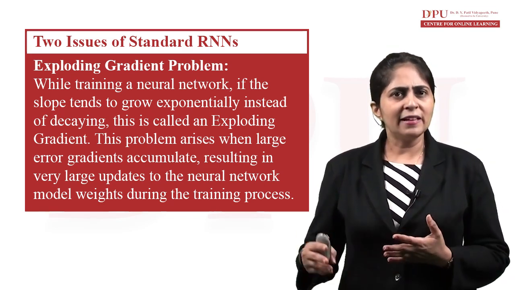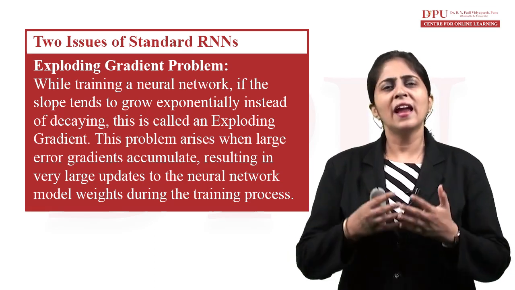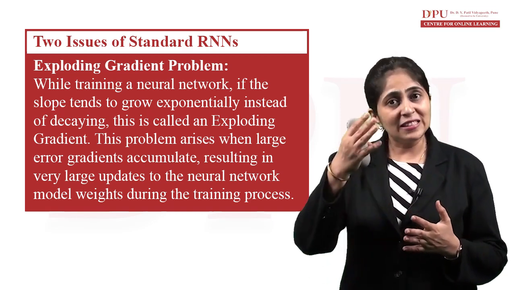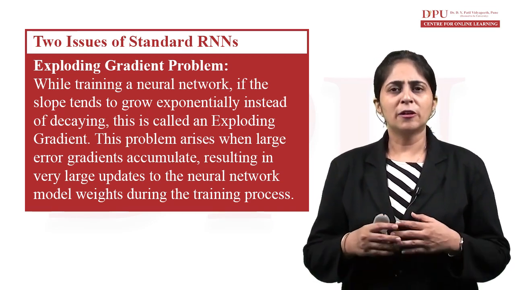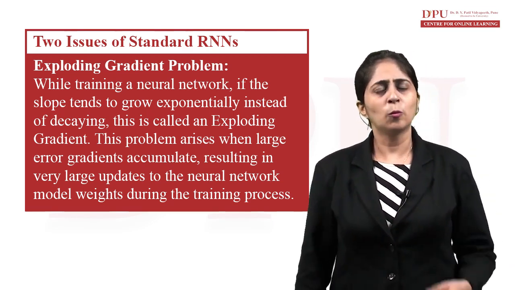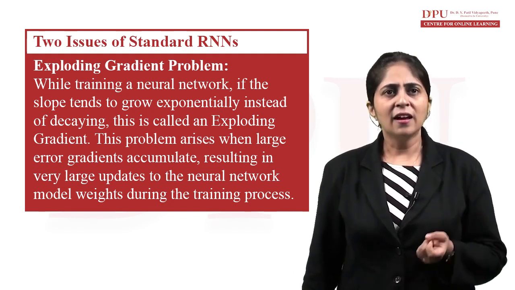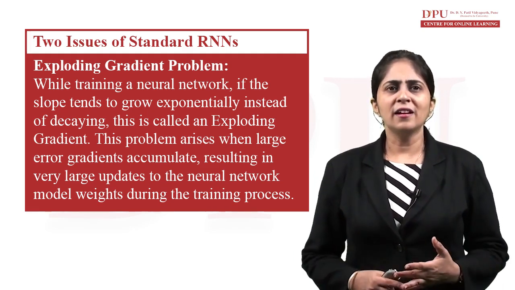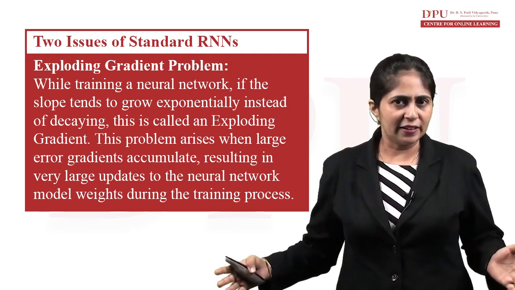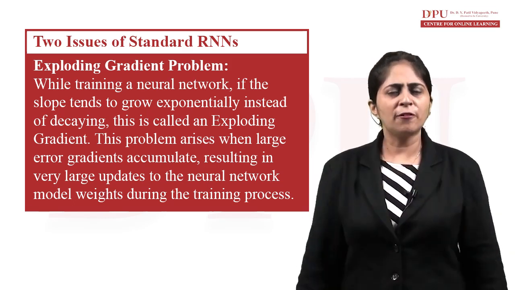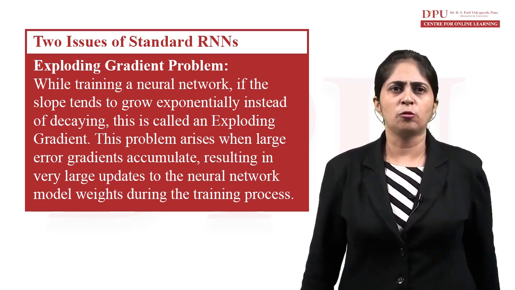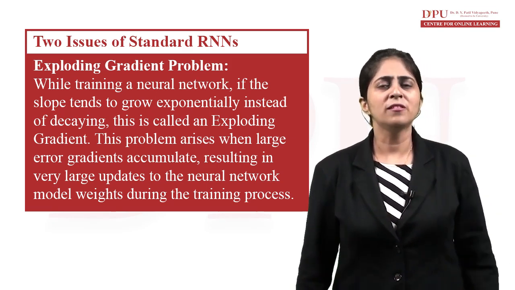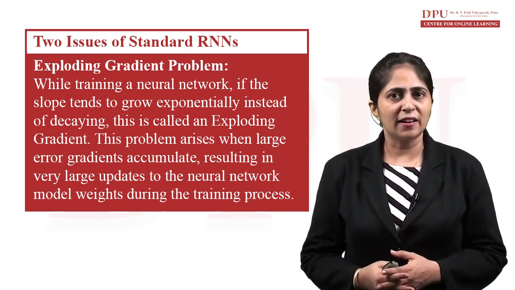Because of these two gradient problems, the major issues that occur are long training times, poor performance and bad accuracies. So these are a few major issues that gradient problems may incur in our recurrent neural network.